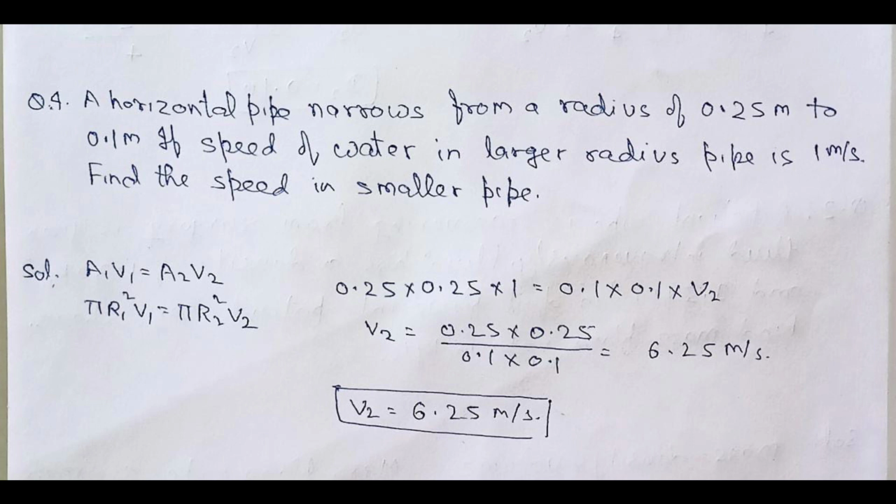So we can use A1 V1 equal to A2 V2, pi R1 square V1 equal to pi R2 square V2, pi will be cancelled out, so R1 square V1 equal to R2 square V2. R1 is given as 0.25 meter, so 0.25 into 0.25 into 1, initial velocity for larger pipe is given as 1 meter per second. So 0.25 into 0.25 into 1 equal to 0.1 into 0.1 into V2. In this way we can find out V2 as 6.25 meter per second.